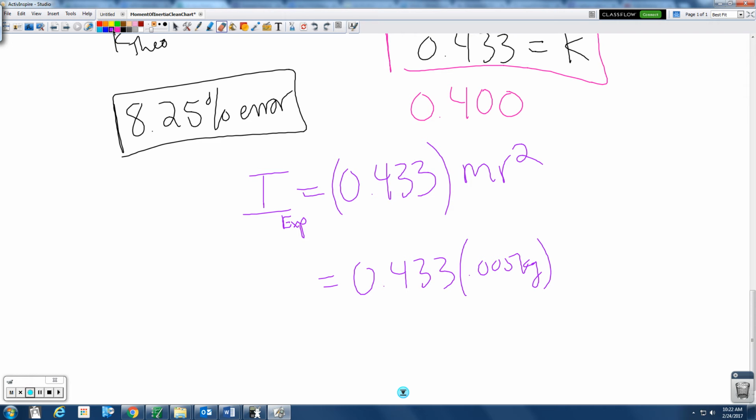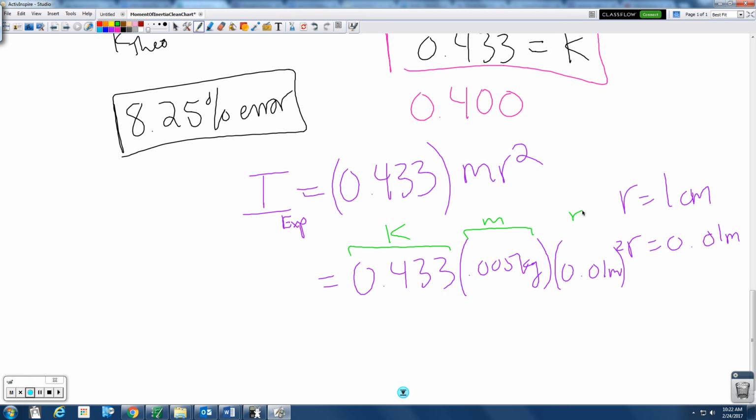And then, let's say the diameter was 2 centimeters, so that the radius would be 1 centimeter. We'll now have to divide that by 100, so I have 0.01 meters. So this is times 0.01 meters squared. So there's my coefficient, m and r squared.